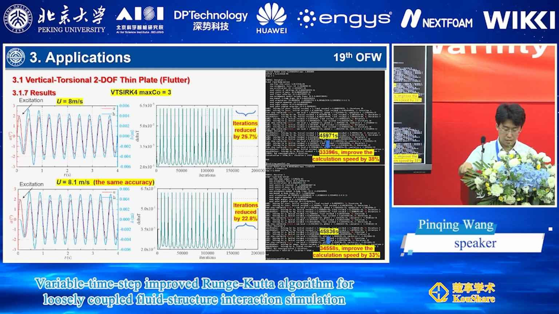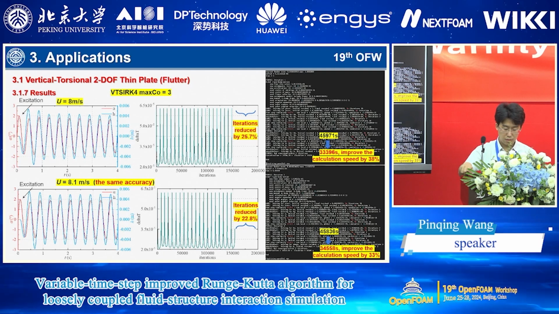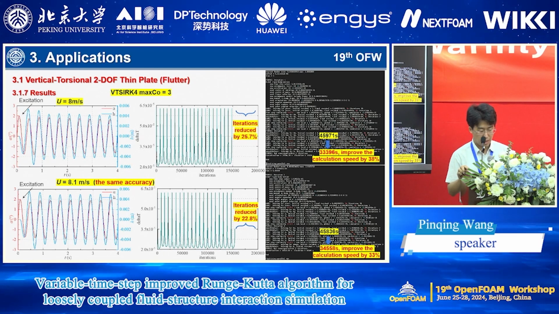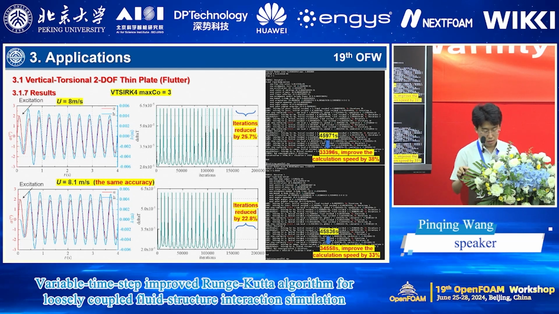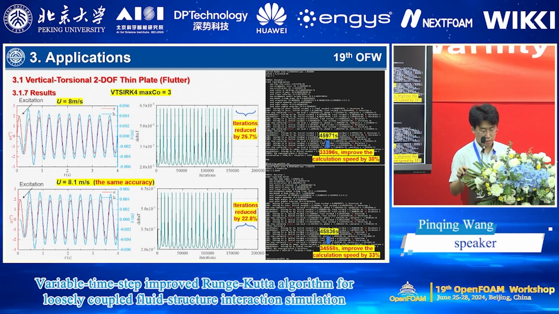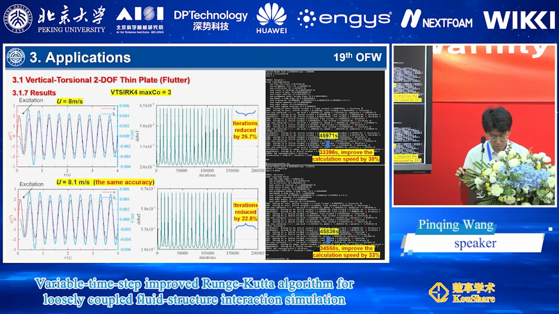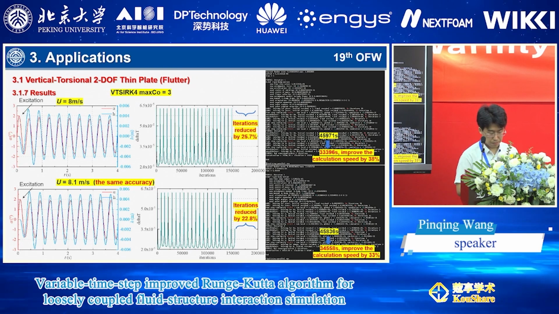We can find that the same results can be obtained by the two methods. Meanwhile, the iterations can be reduced by 25% and 22% respectively, and the overall equivalent calculation speed is increased by 38% and 33%.